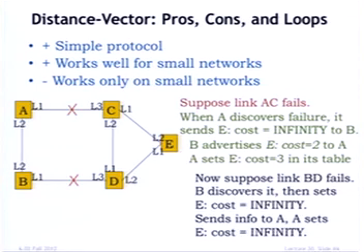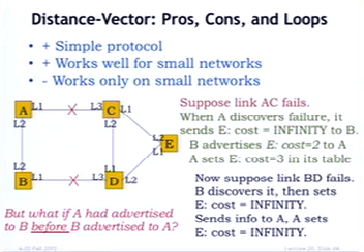Now, unfortunately, that's not the only thing that could happen. This was in the lucky situation when B discovered it had failed and immediately sent out its cost to A. But what could happen is a little different. What could happen is that B could discover that D has failed and change its routing table entry to infinity.